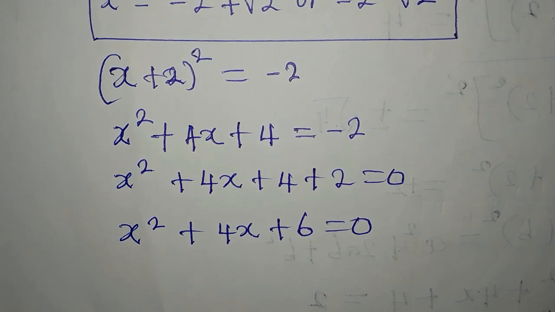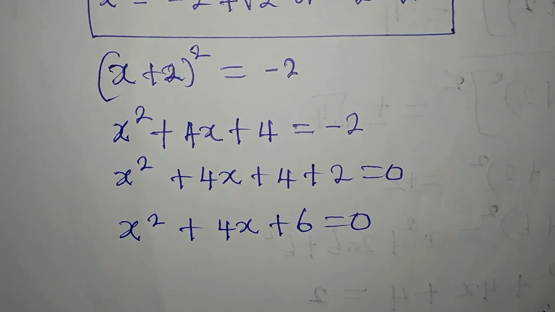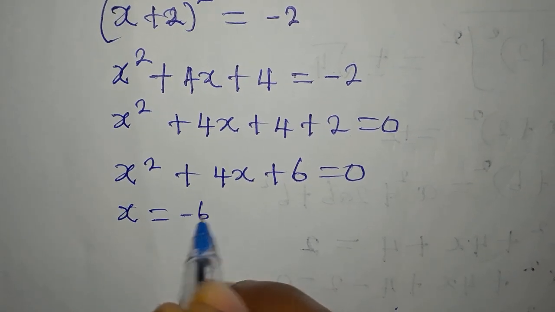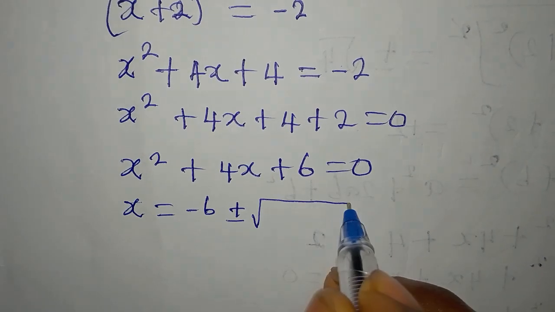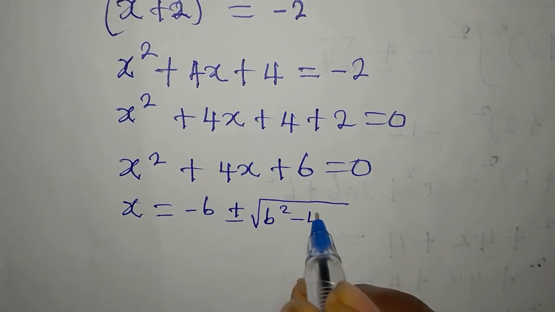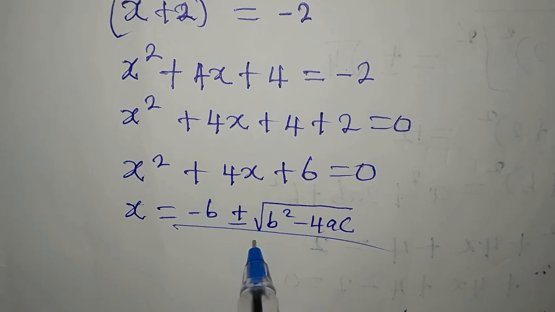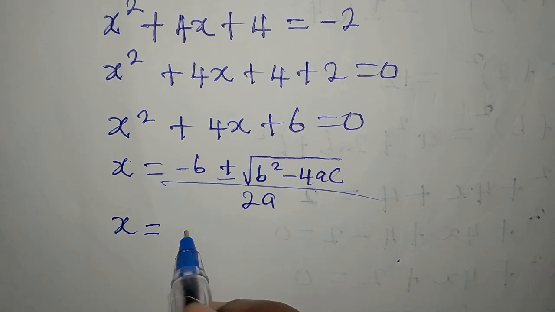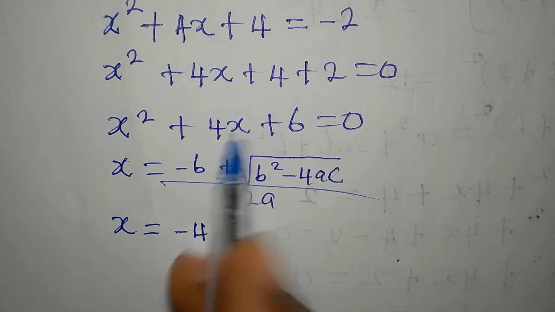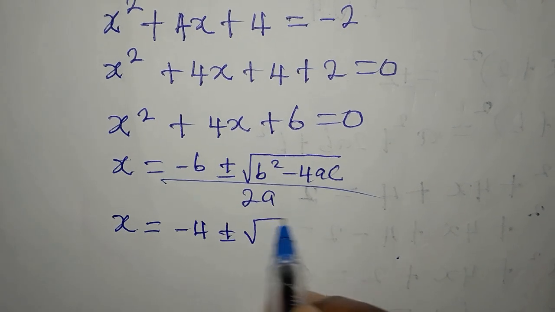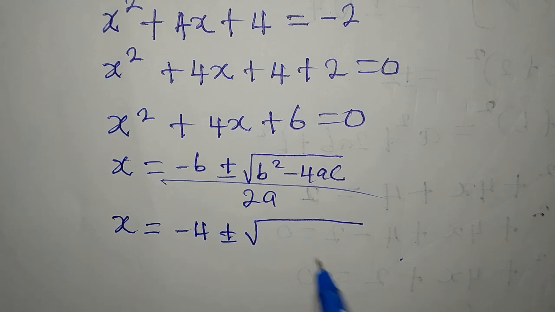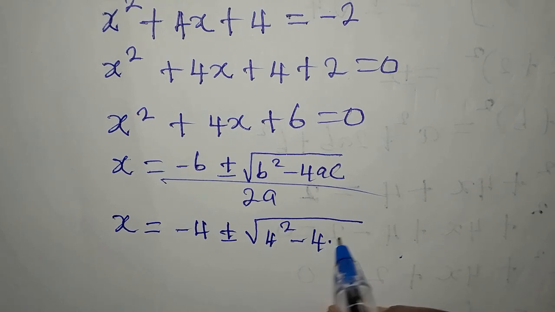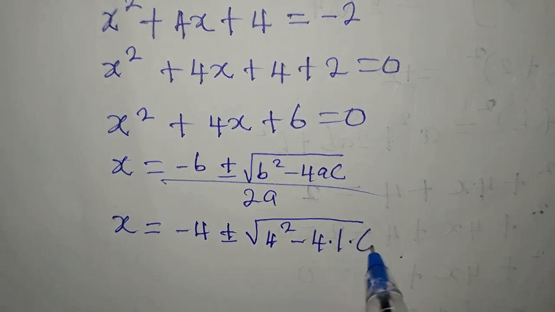Now let's go straight back to the quadratic formula, which is x equals minus b plus or minus the square root of b squared minus 4ac, then we divide this by 2 times a. Now our x is equal to minus 4, because b is still 4, then plus or minus b squared, that will be 4 squared, minus 4 times a, then times c, which is now 6.